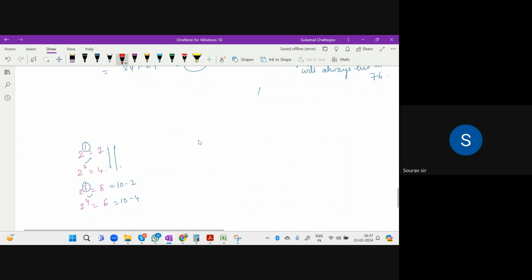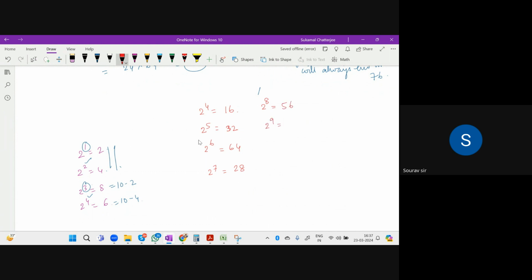I'm taking it from 2 to the power 4, 16. 2 to the power 5, 32. 2 to the power 7, 128, but I'm writing it as 28. I'm just taking the last 2 digits. 2 to the power 8, what would be the last 2 digits? 5, 6.